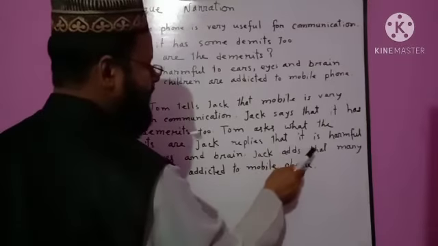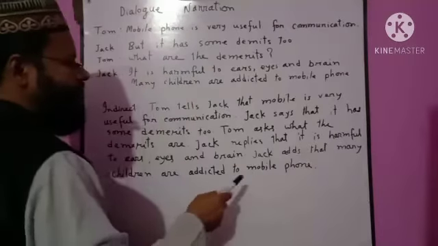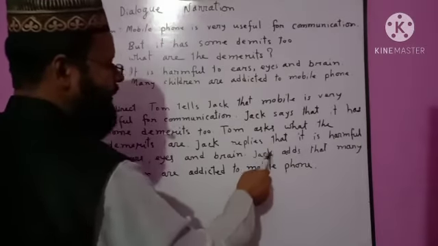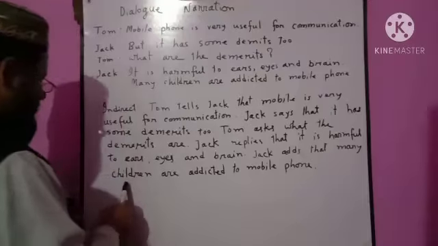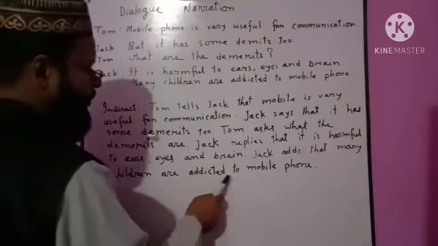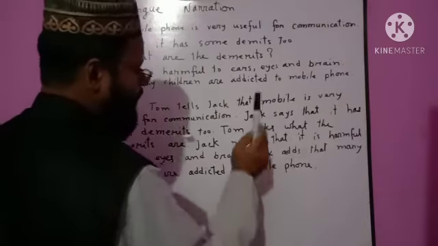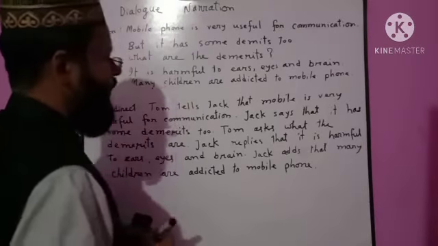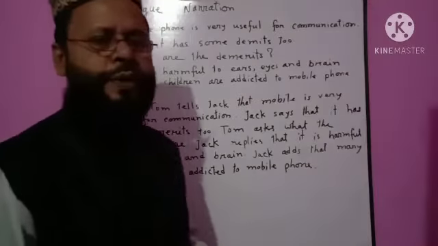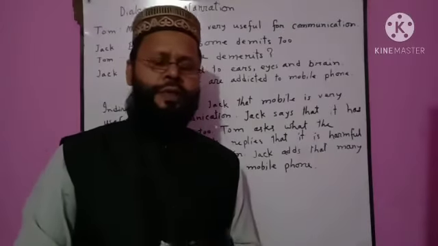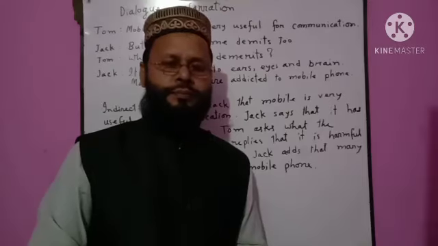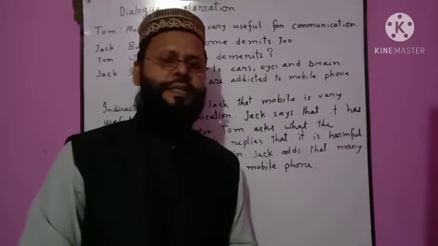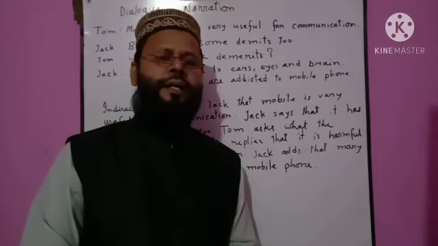Jack adds that, or Jack also says that, or we may use also says or adds. Jack adds that many children are addicted to mobile phone. I think if we use the reporting verb in present form, then it is very easy to make the direct speech into indirect speech of a dialogue.